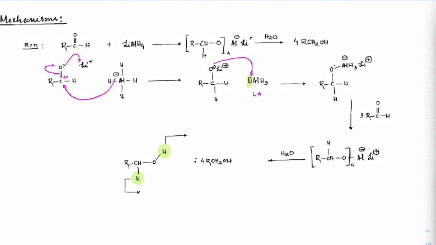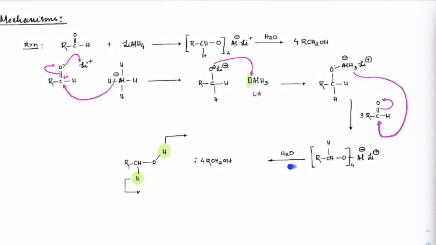So if at all I take 3 more moles of aldehyde here, this H minus will keep on shifting here 3 times. Here we'll get O minus which will make a bond with lithium. Like that, 3 more moles will react with the hydrides which are present and we'll get Al minus and this entire thing, a complex which is an alkoxide, RCH2O minus, connected with this.